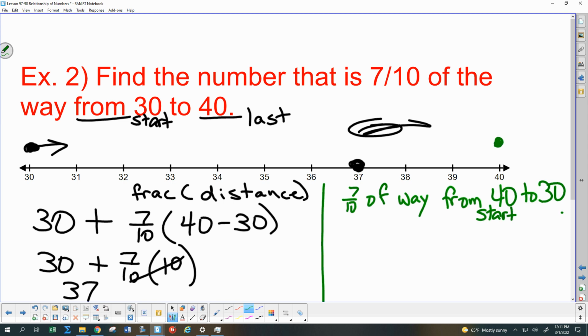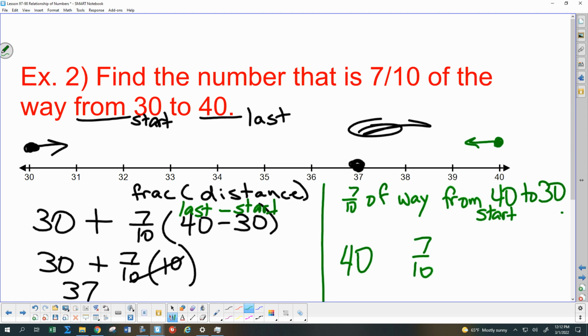So everybody good with we're starting at 40 and we're going back to the left now? Does that much make sense? So I am now starting at the 40, and I am going to take my fraction, which is still 7/10. But now I want this to always be, when I get my distance, it's going to always be my last minus my start.